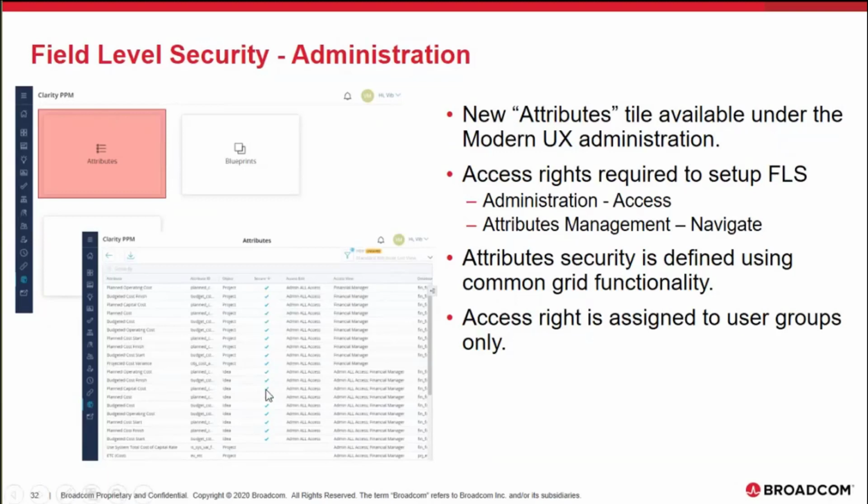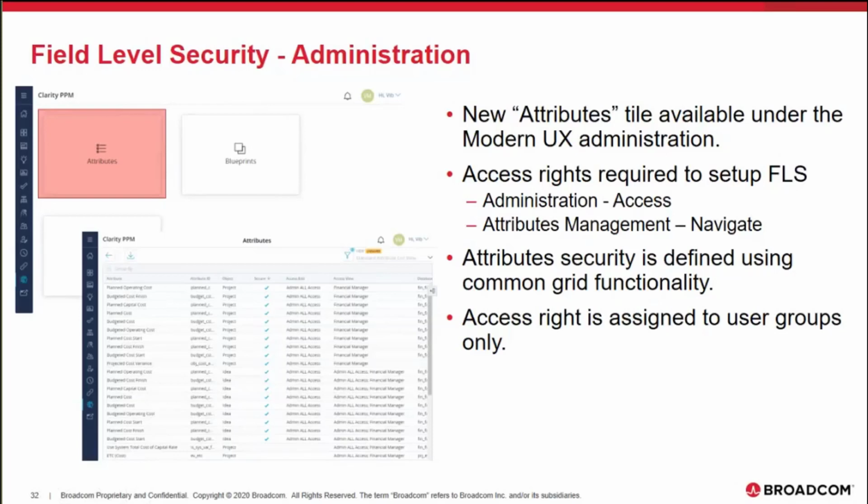This field has to be checked to secure an attribute. Once the attribute is secured, which means this checkbox is enabled, then the next two values become important, because access edit allows who can view and edit that attribute, and access view controls who can just view that attribute but not make any modifications.